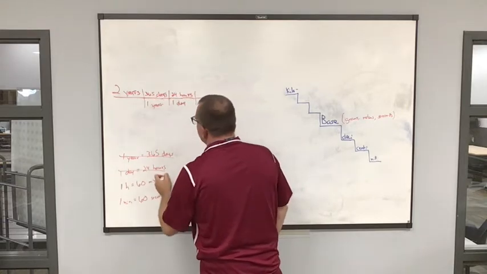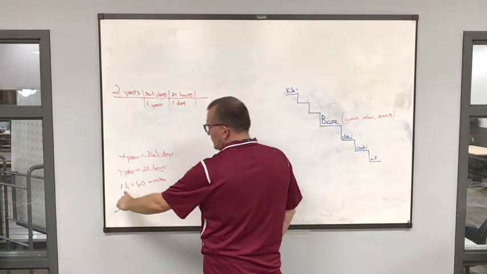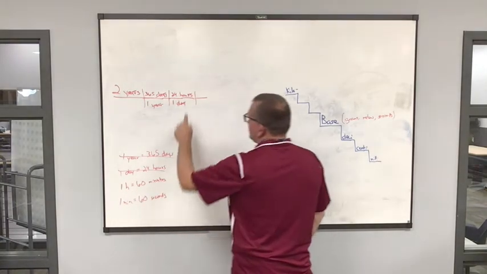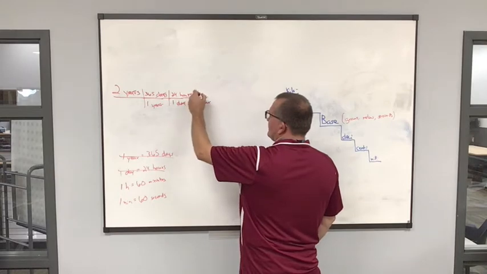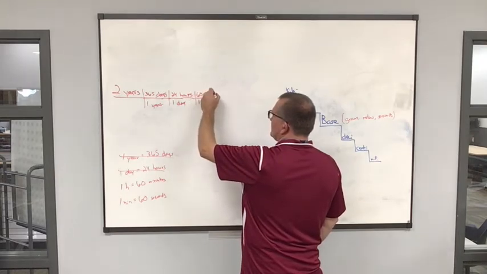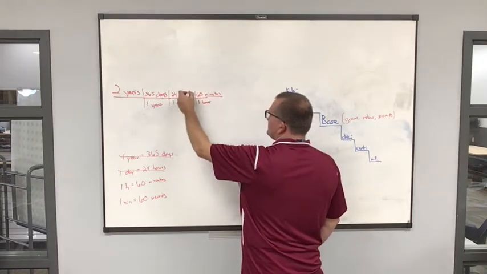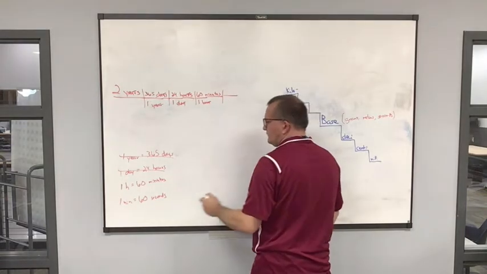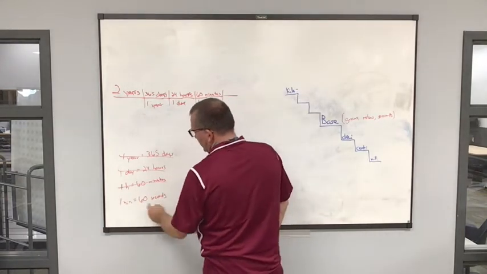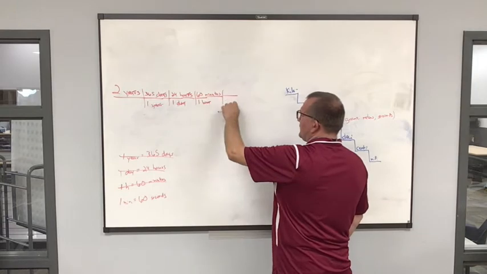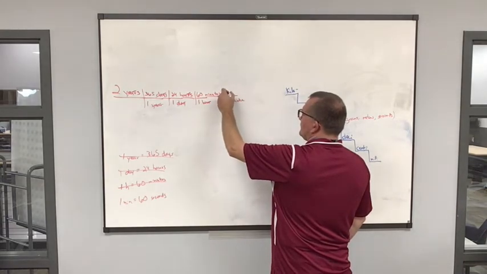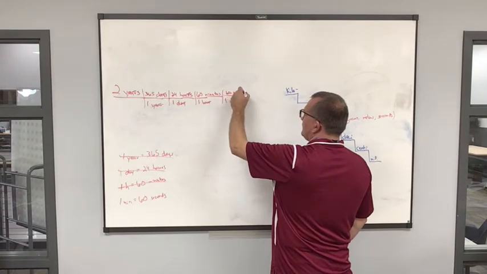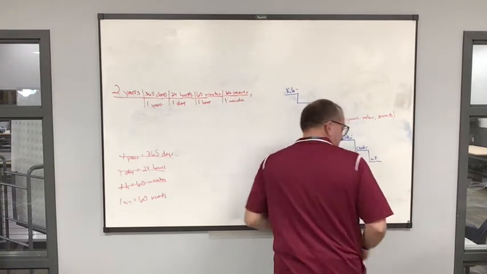Now I'm at hours. 1 hour is 60 minutes. I have 60 minutes. And then lastly, 1 minute, 60 seconds. Since minutes is up here, I put minutes at the bottom, 1 minute, 60 seconds.